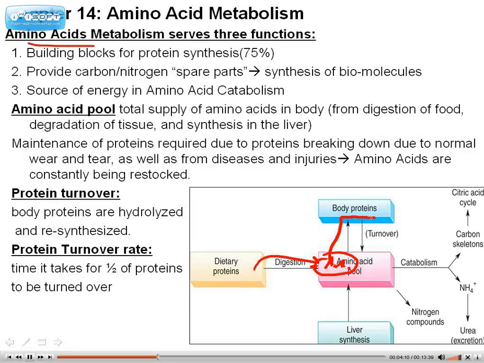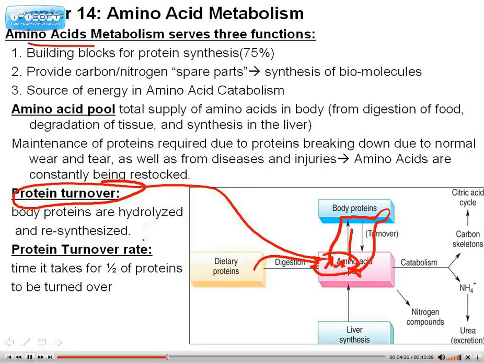At the same time, proteins that have lived for a while get older and start to break down, so the body digests them and recycles them back into amino acids. We refer to this constant breakdown and synthesis of proteins and amino acids as protein turnover.